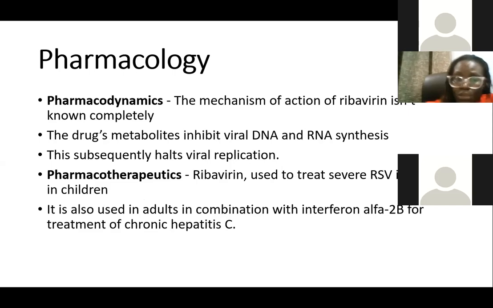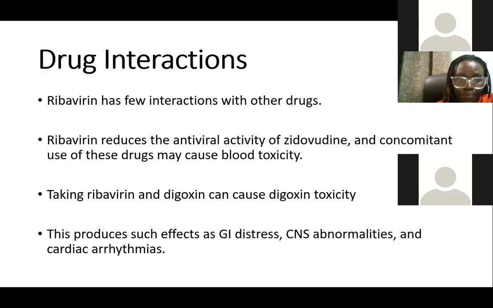This is what stops viral replication and helps with the relief of the symptoms. Like I said previously, it's used to treat RSV infection in children, but it can also be used in combination with interferon alpha 2B for the treatment of chronic hepatitis C infection.